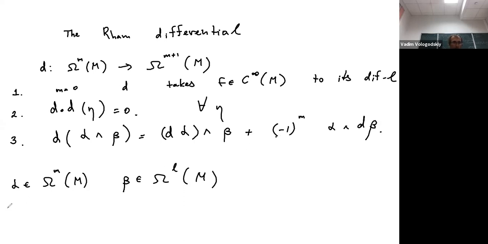And the fourth property here is the following: if you have any smooth map F from M to N, then the Duran differential commutes with pullbacks. So Duran differential of F upper star eta is equal to F upper star d eta.